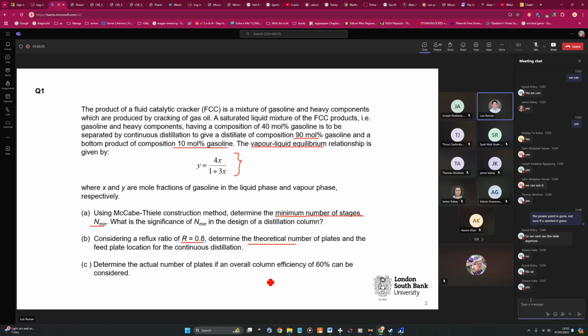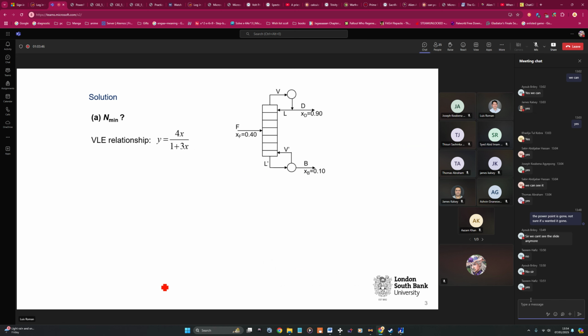And in part C, you have some efficiency of 60% for the column, then how many actual plates you need. So for part A, the minimum number of equilibrium stages.